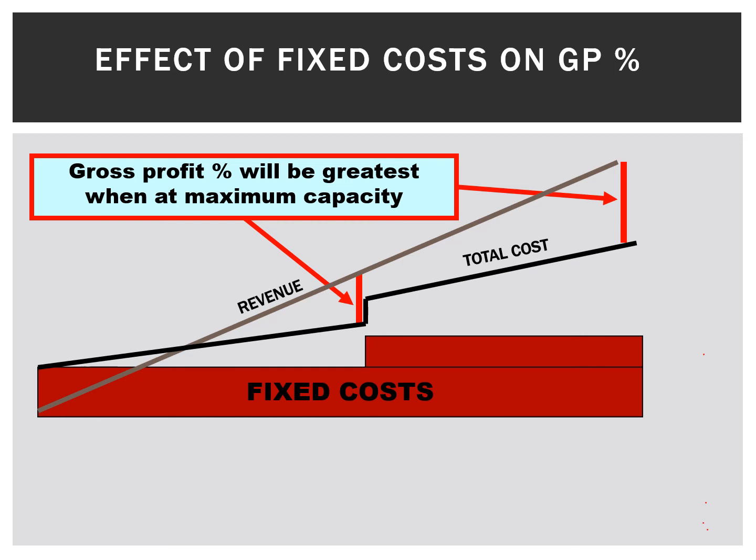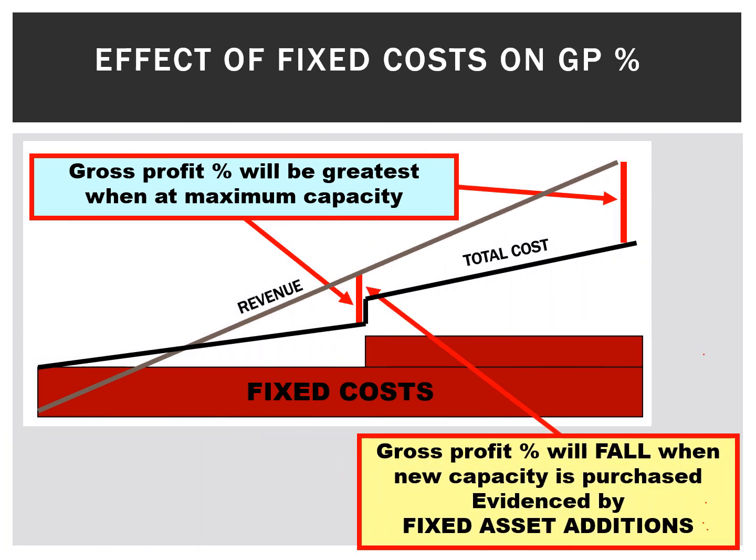If we then have to move into other premises, then the gross margin is going to drop initially until we reach maximum capacity again, when the gross margin will be a maximum. So that's just something to bear in mind when you're considering these ratios in a real world situation.